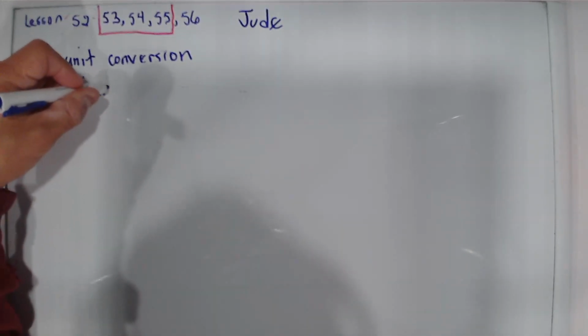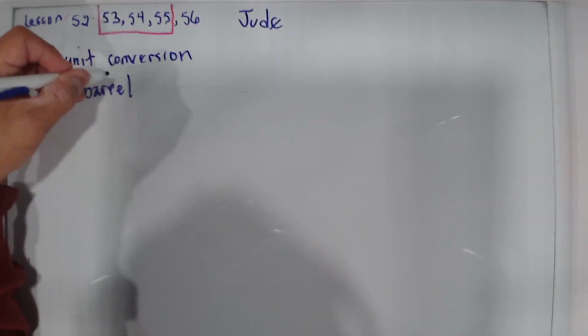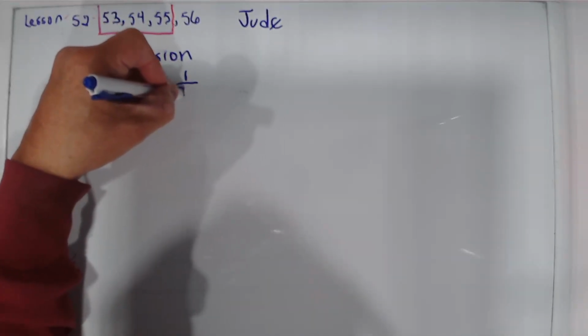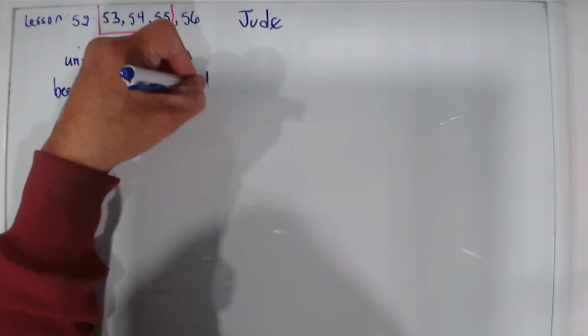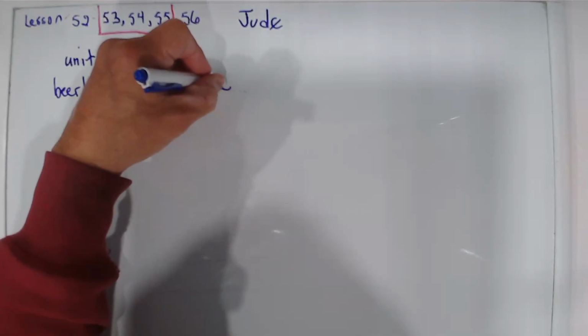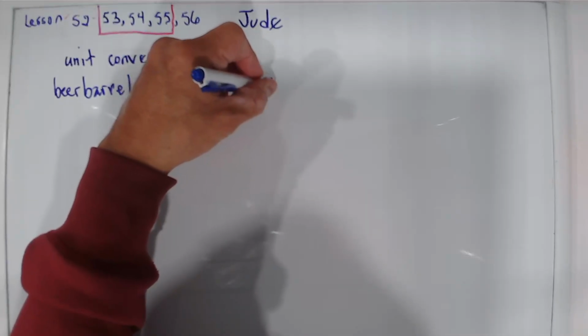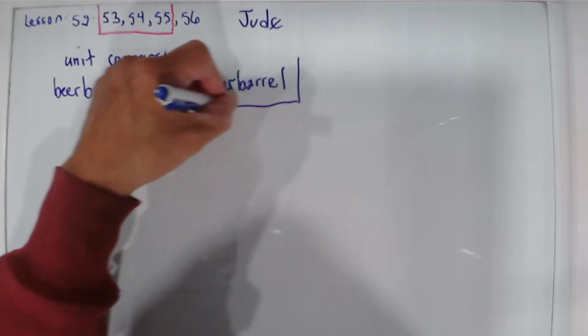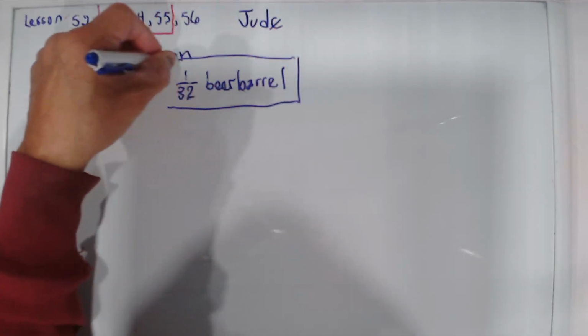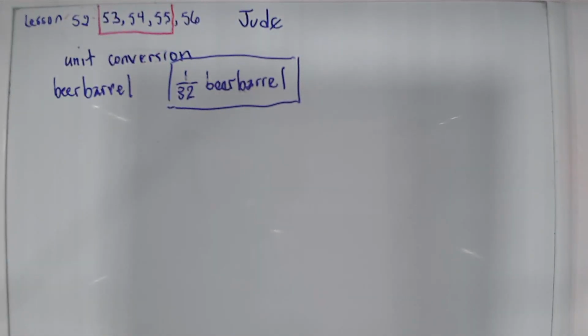And let's say somebody gave you 1/32 of a beer barrel. And would you be able to store that in your house? Is that a lot, or is that really not very much?